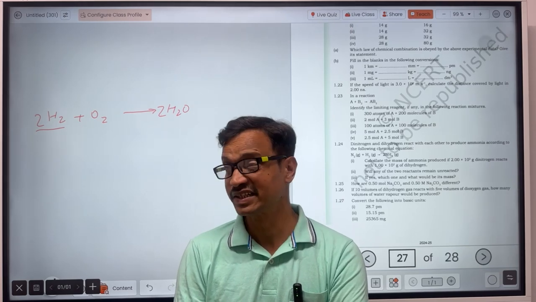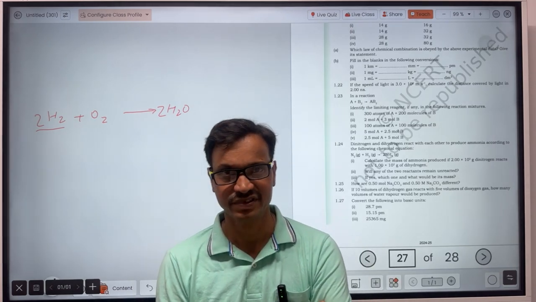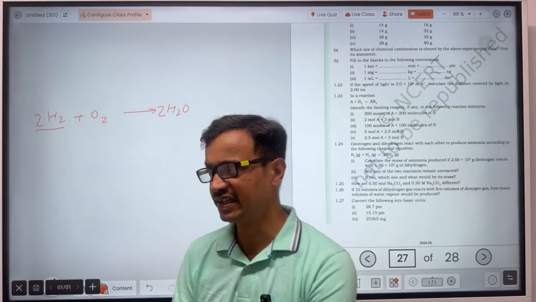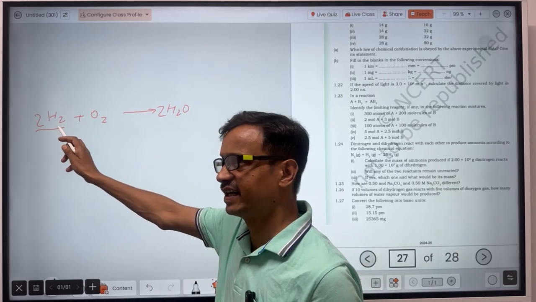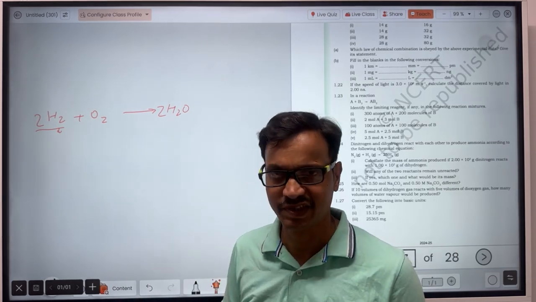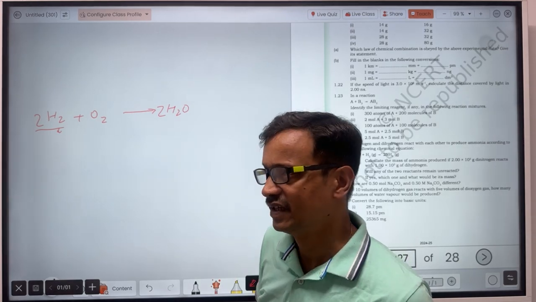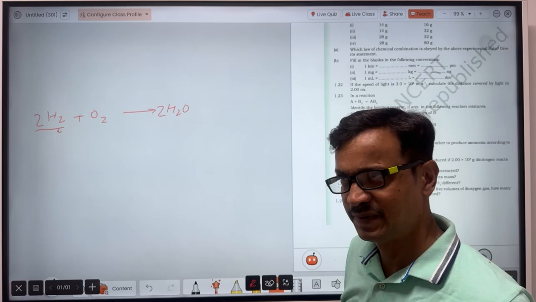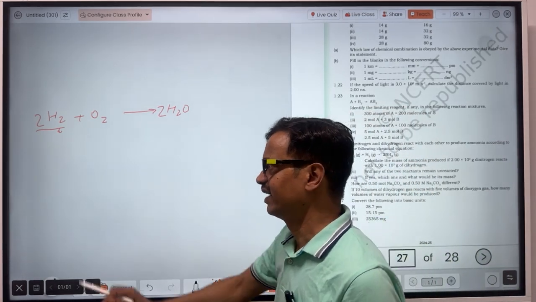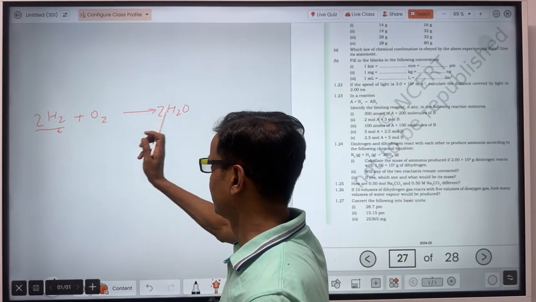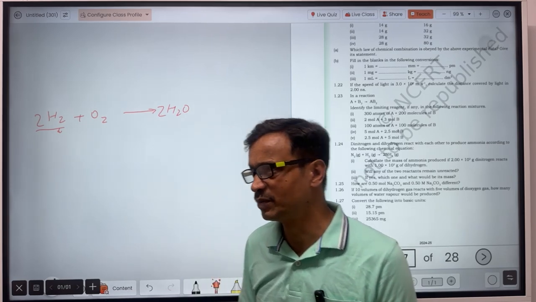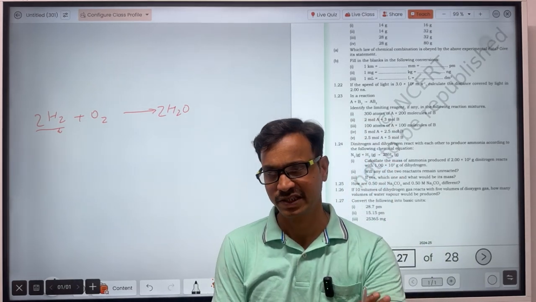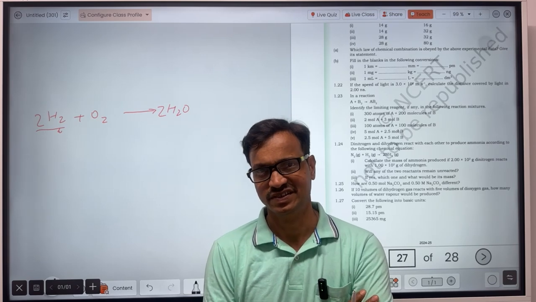And you also know Gay-Lussac's law of combining volumes. By Gay-Lussac's law of combining volumes, you have studied that the ratio of volumes occupied by hydrogen and oxygen will be a simple whole number ratio. In the same way, the volumes occupied by oxygen and water vapor will also be a simple whole number ratio, and the volumes of hydrogen and water vapor will also be a simple whole number ratio. That's why Gay-Lussac's law of combining volumes.